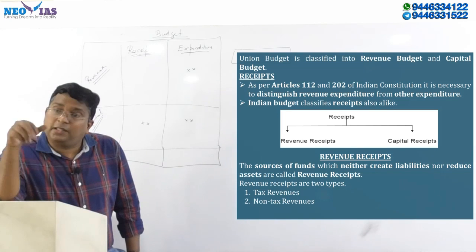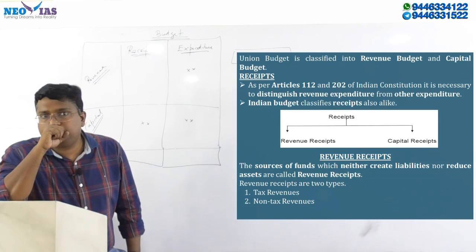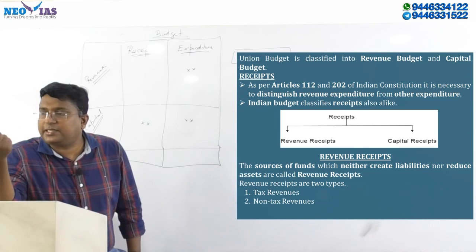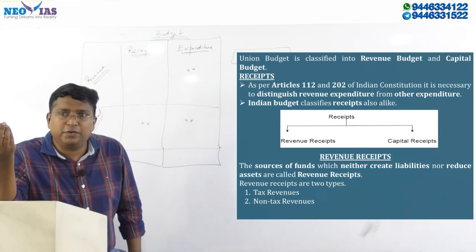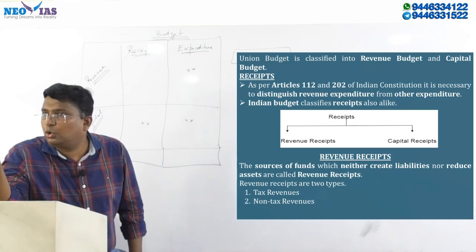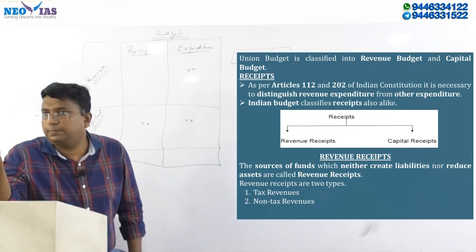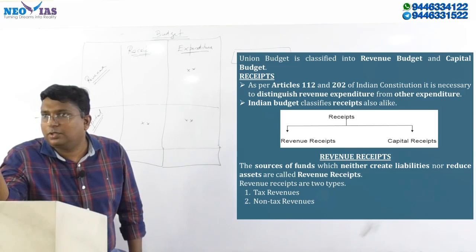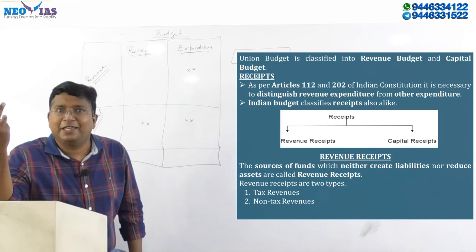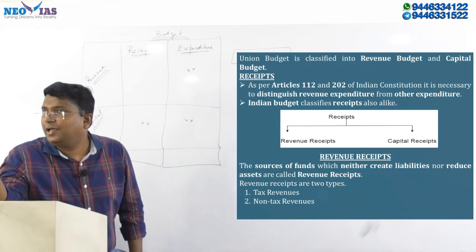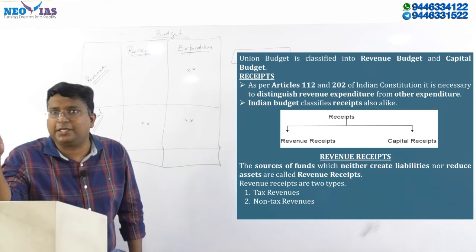Now, another way of getting a receipt is, for example, if you have some gold, sometimes you sell the gold. Gold is an asset, yes or no? Because if you have gold, anytime you need money, you can either borrow money using a gold loan, or you can sell it and get money.